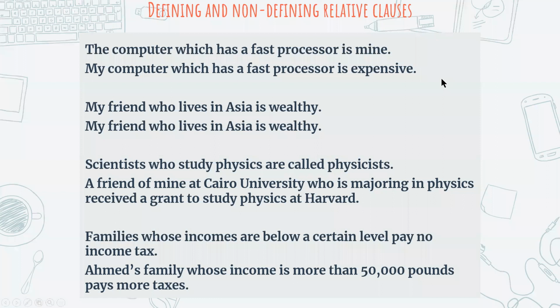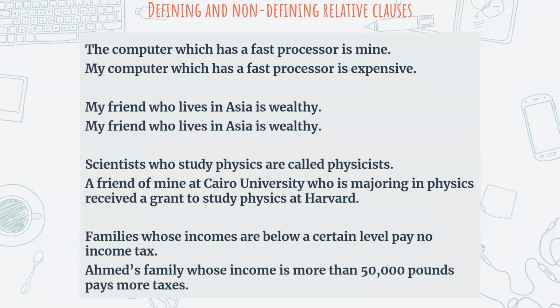Moving on to something very important, we also talked about this in the intermediate course: defining and non-defining relative clauses. As you know, a clause is a group of words that has a subject and a verb. Defining relative clauses, or defining clauses, define nouns.